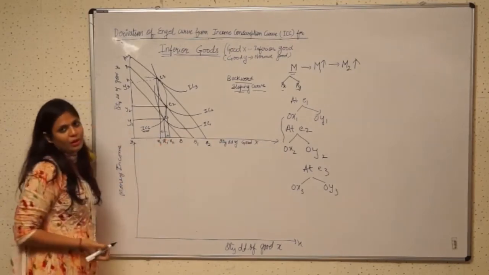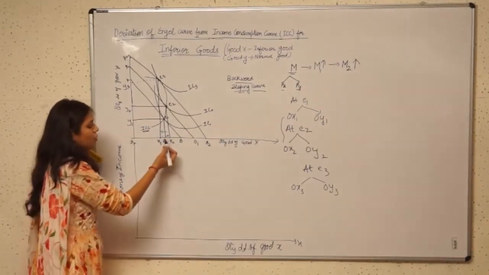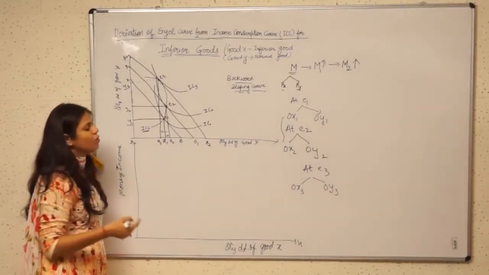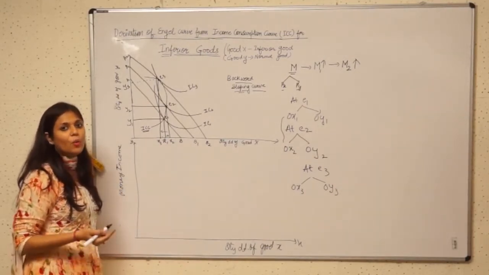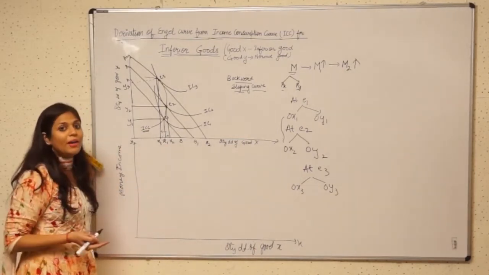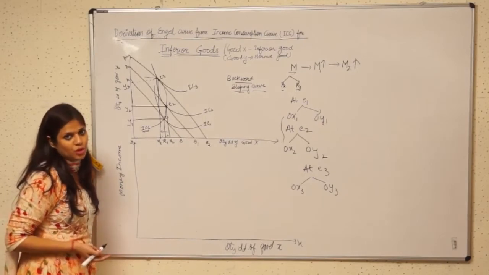This is because when the money income increases, initially the consumer has no option other than increasing the quantity of inferior good, because his income has not increased in a very high proportion.